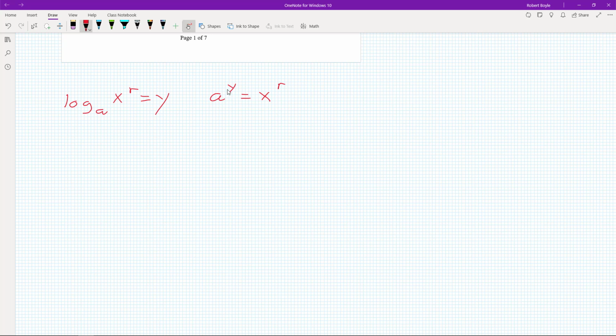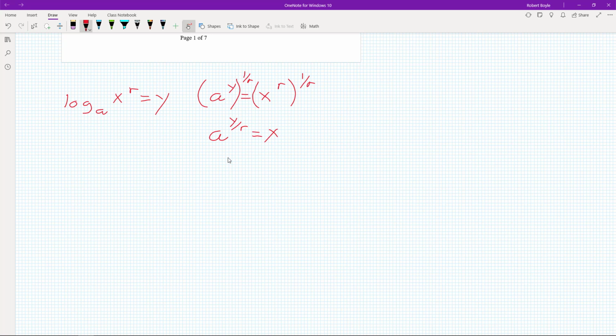All right, now what I can do is raise each side to the 1 over rth power. So 1 over r here, and then 1 over r here. Then using our power rule with exponents, we would have that a to the y over r is equal to x.